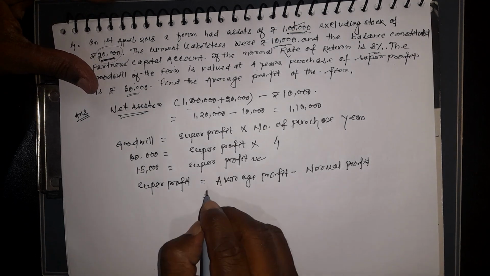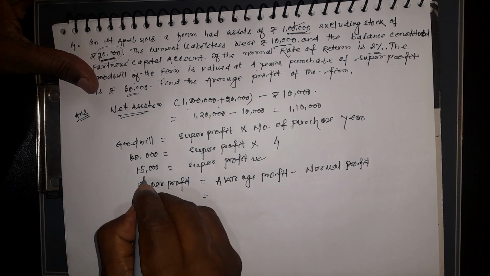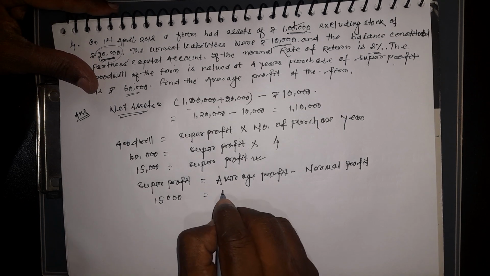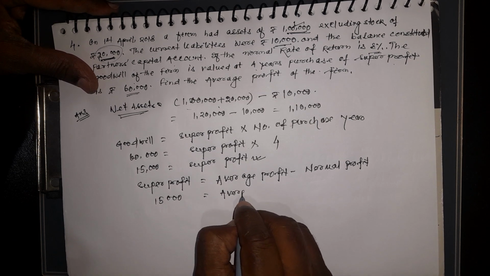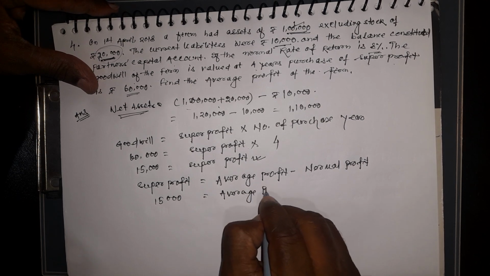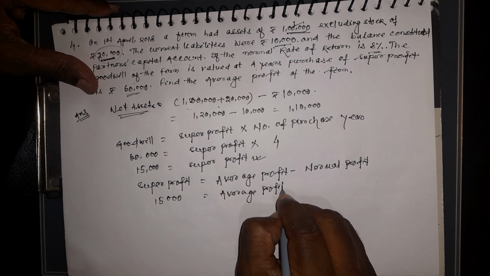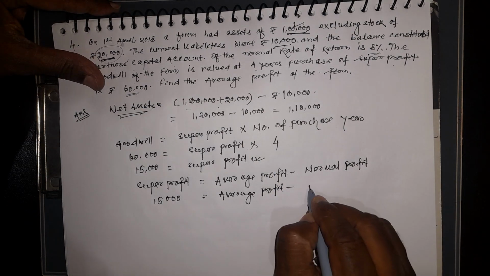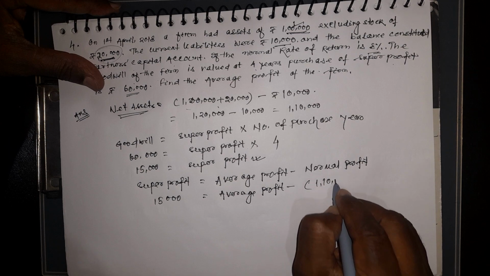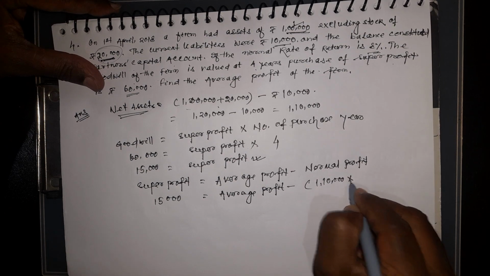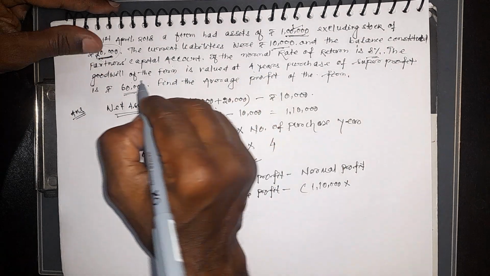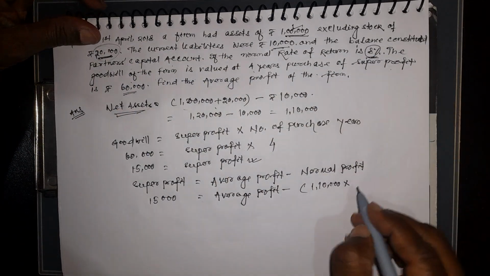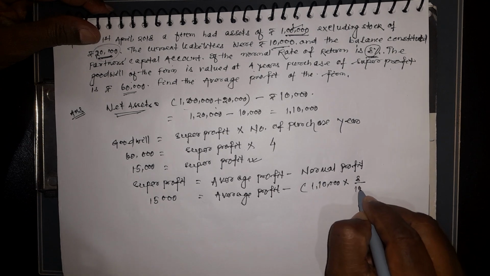Super profit we write as 15,000. Average profit we have to calculate, so simply write average profit. Normal profit means capital employed, 1,10,000, into normal rate of return, which is given as 8%. So 8 by 100.